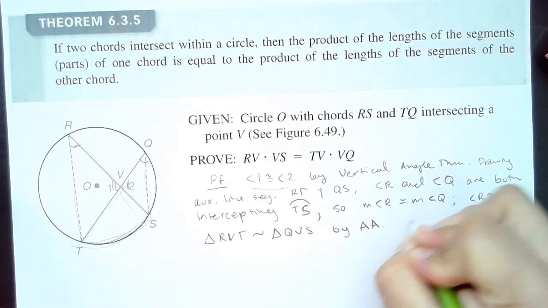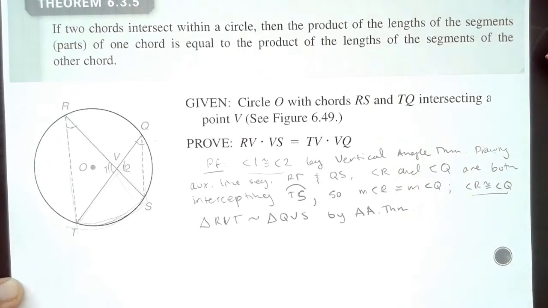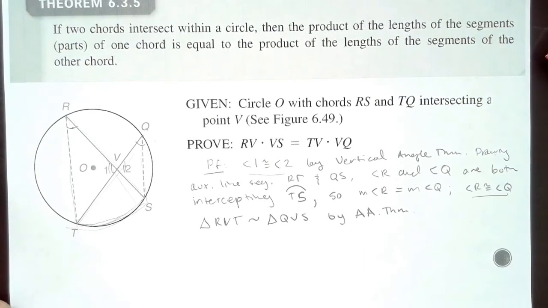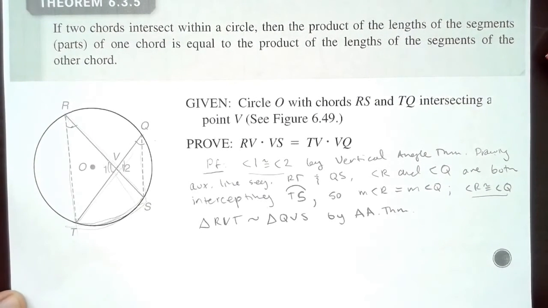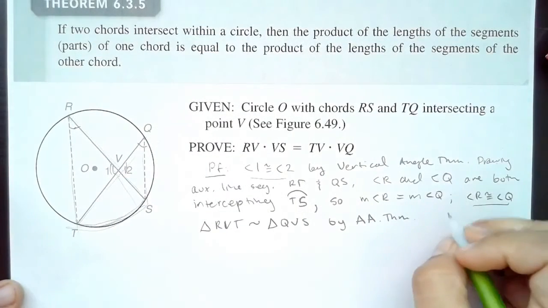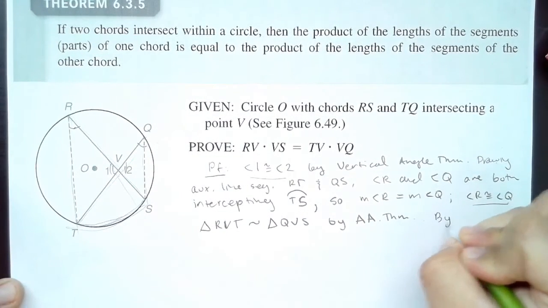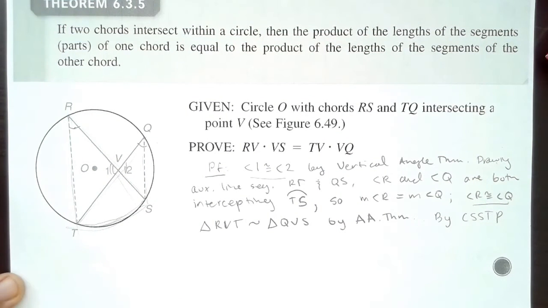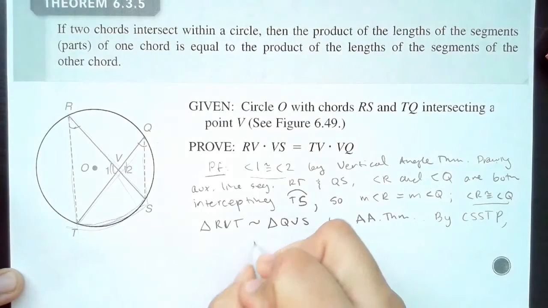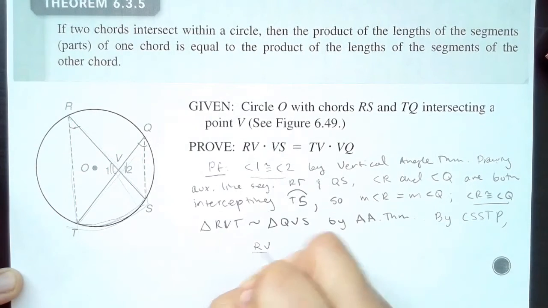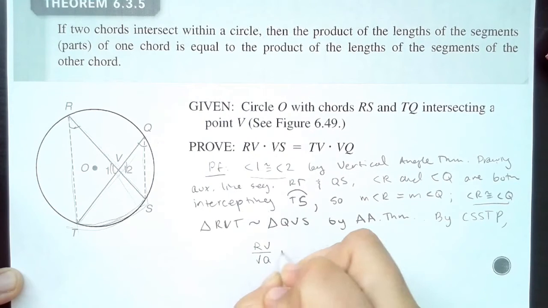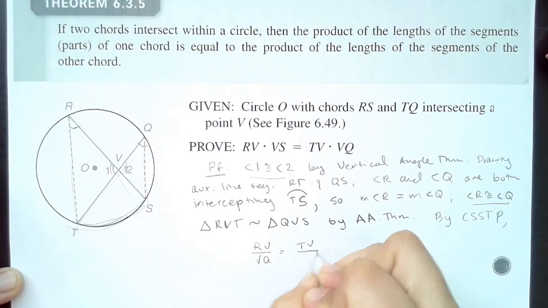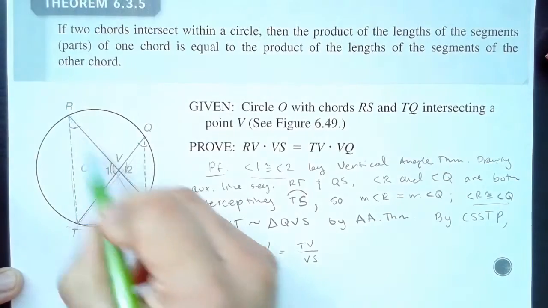So we have that. Remember CSSTP: corresponding sides of similar triangles are proportional. We can say that RV is to VQ as TV is to VS, right?